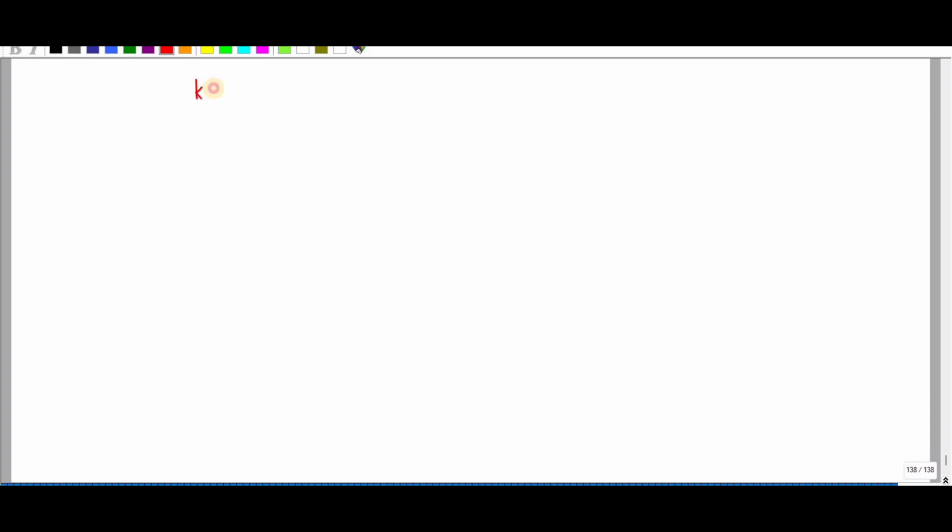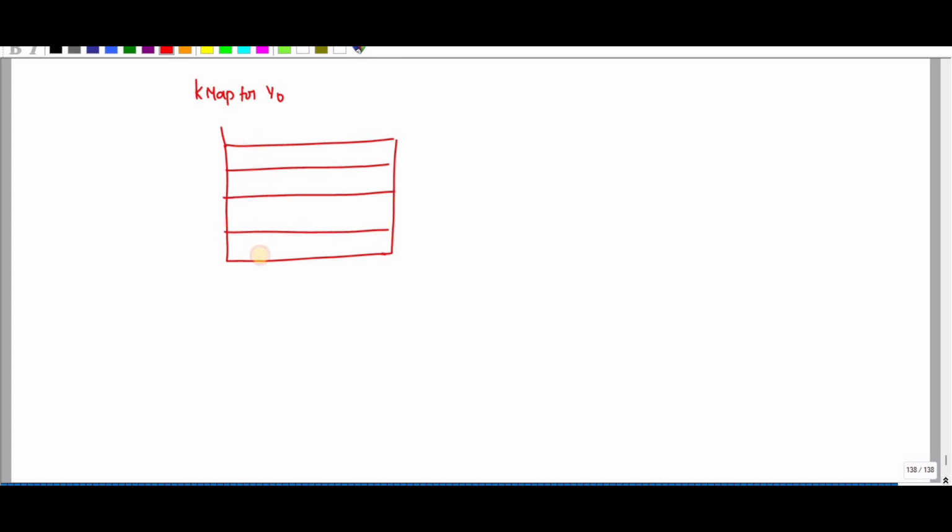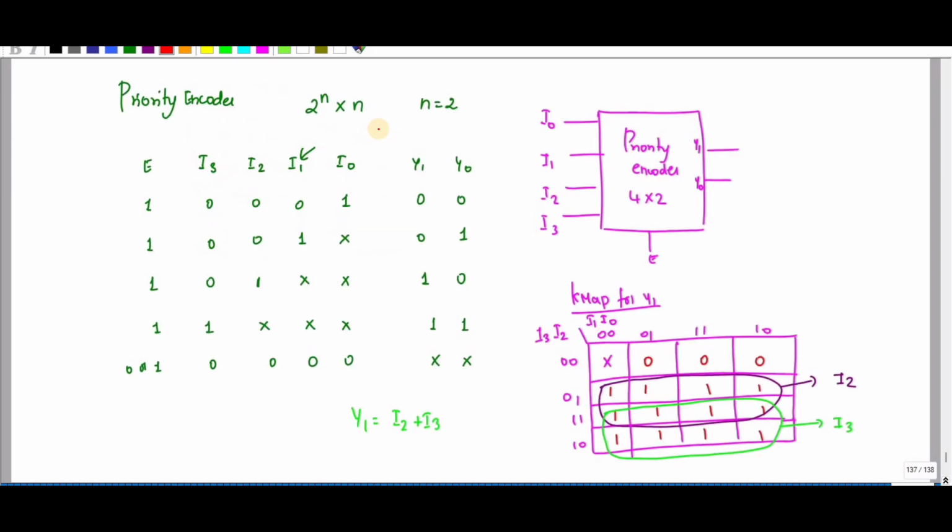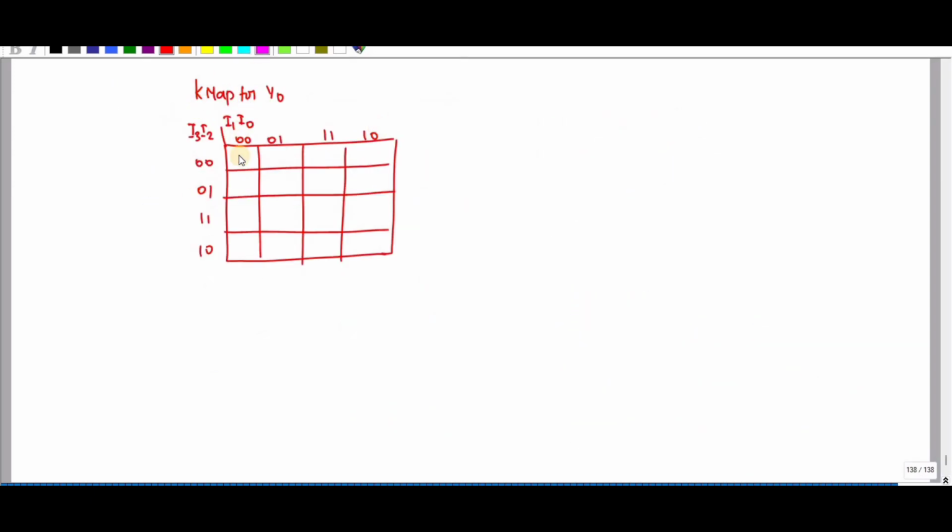Next, let us go for Y0. Initially it is XX for all zeros.